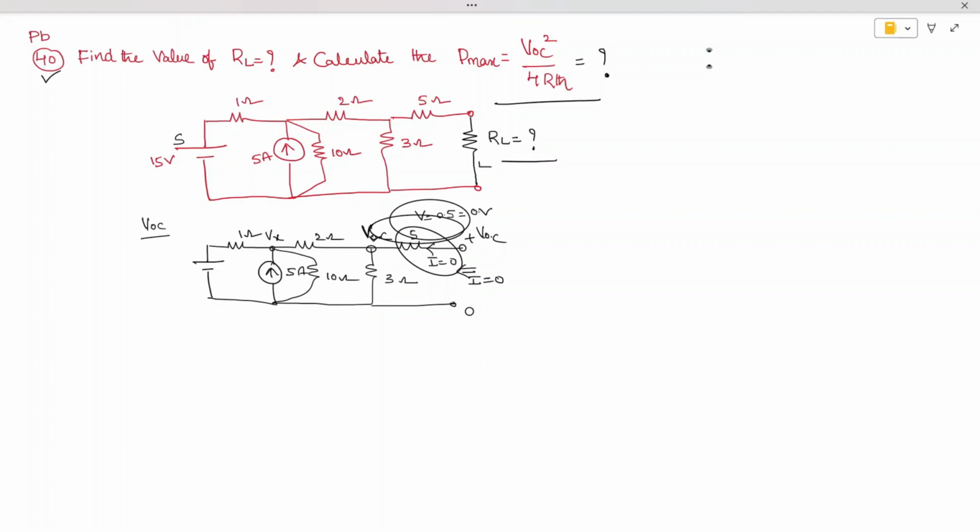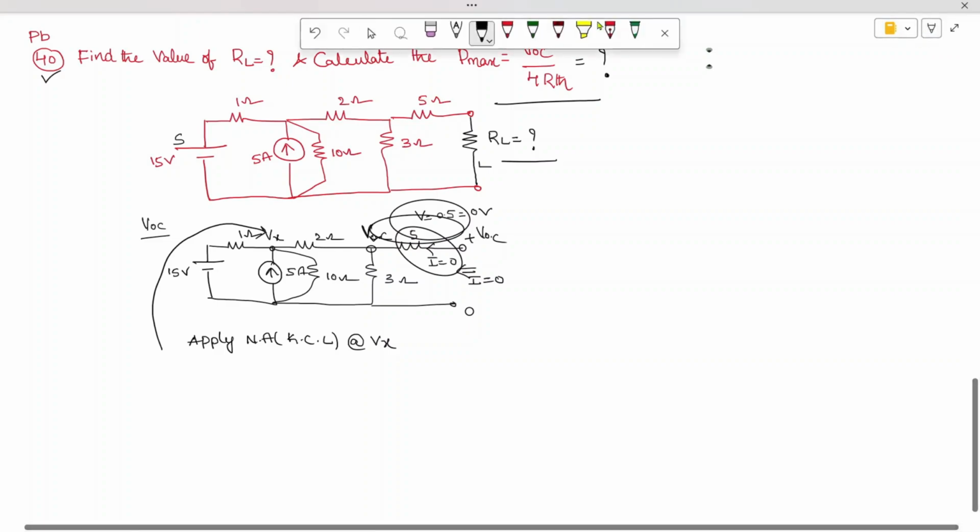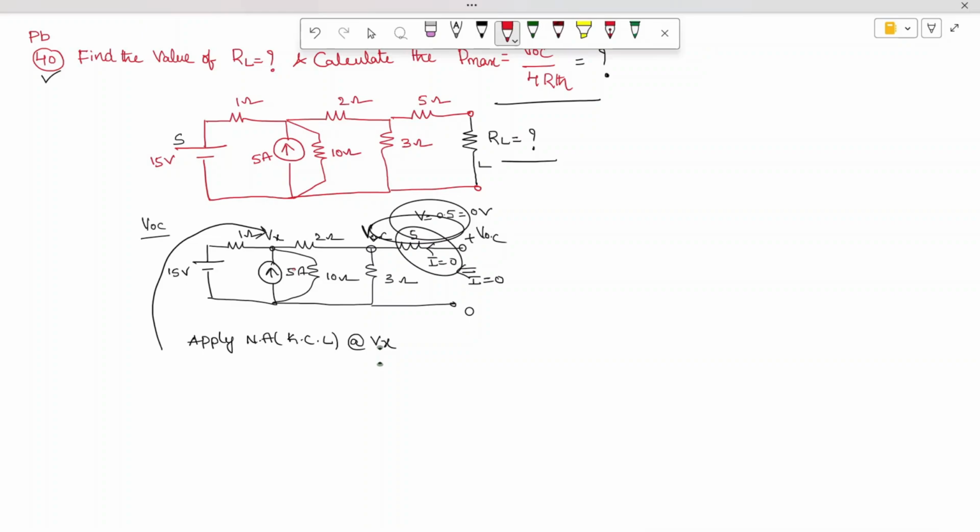This is a 15 volt battery. Now let us calculate. Let's apply nodal analysis, which is nothing but Kirchhoff's current law at node Vx. Then we can find Vx.